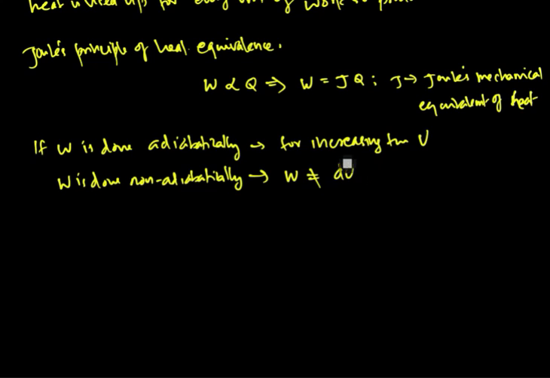That means if work is done on a system adiabatically, it is used up for changing the internal energy. So for an adiabatic process, W is equal to U_F minus U_I, which is equal to dU, the change in internal energy.